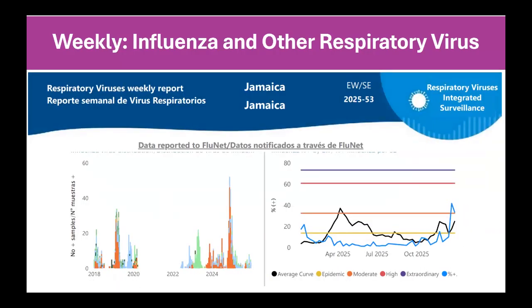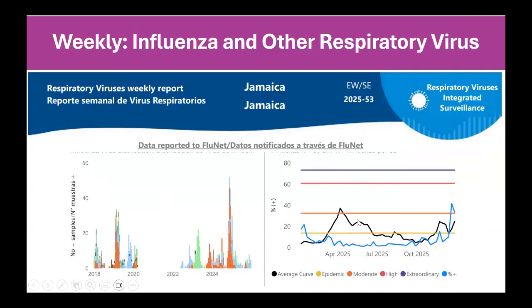So there was a time when we had COVID, when we had those non-pharmaceutical interventions, the wearing of masks, etc. We had no influenza, but now we do. And this is the positivity rate for influenza. It might change over time.